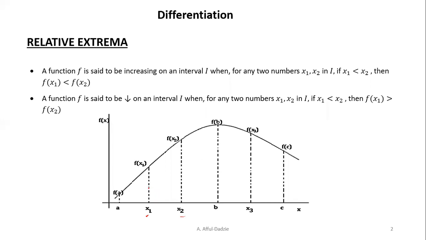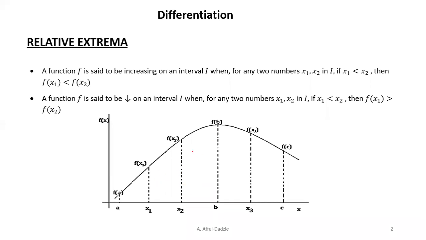The interval from x1 to x2 is what we are calling I. If we pick these 2 points and it turns out that f of x1 is less than f of x2, then on that interval I we would say the function is increasing along that interval. I think this is very obvious, we can all see it.